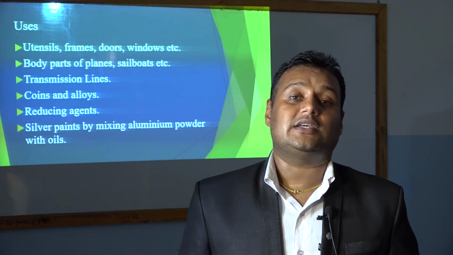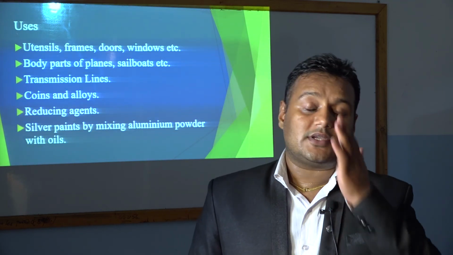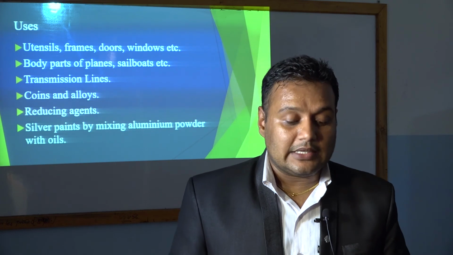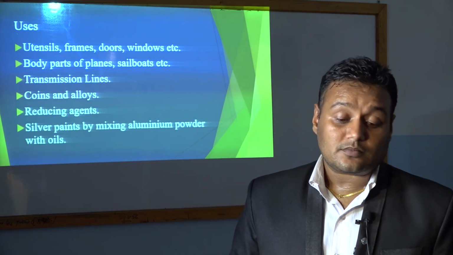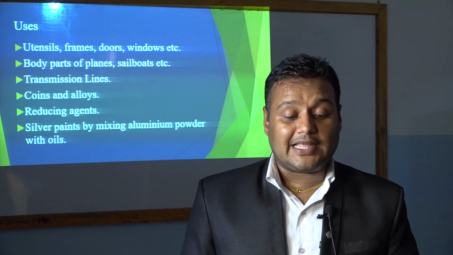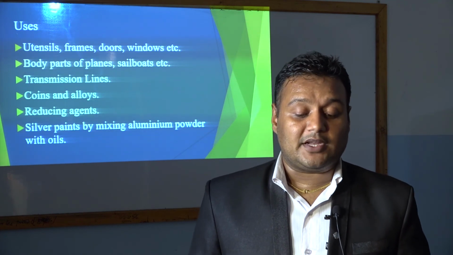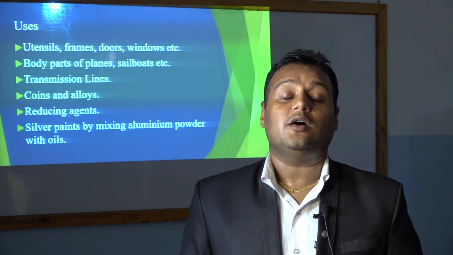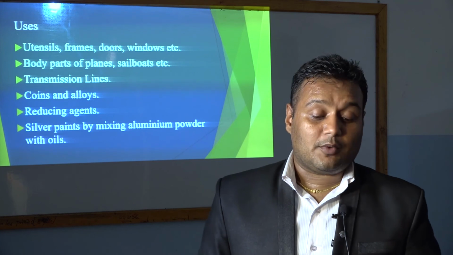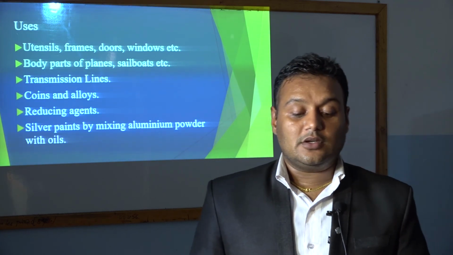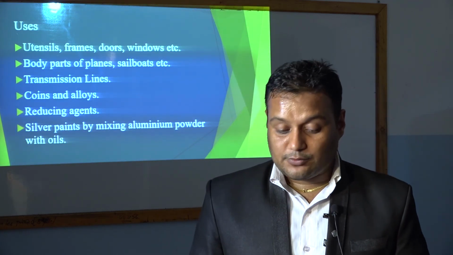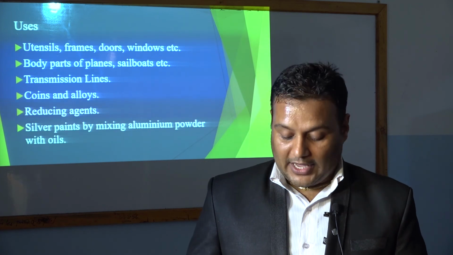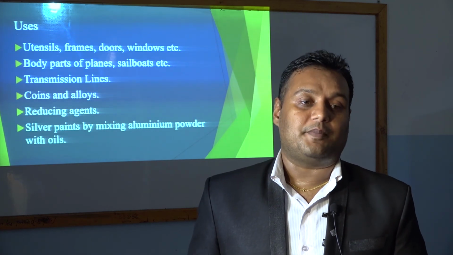It also acts as a reducing agent in different chemical reactions. Another use of aluminum is that it is used as silver paint by mixing aluminum powder with oil. When aluminum powder is mixed with oil, we can make silver paint.